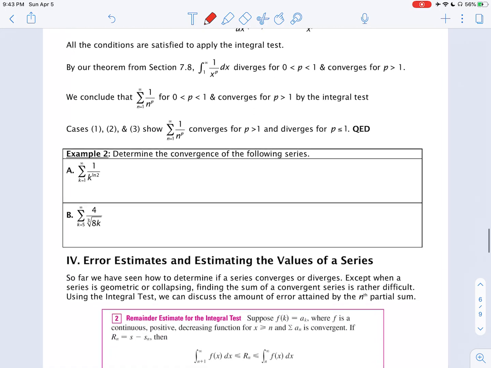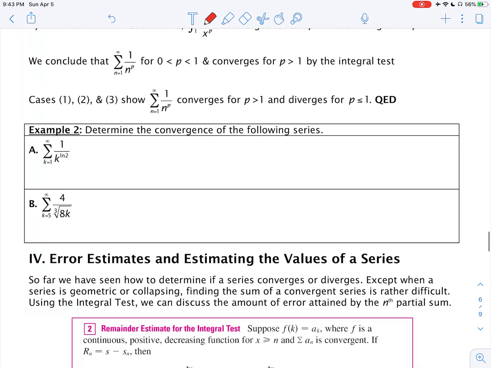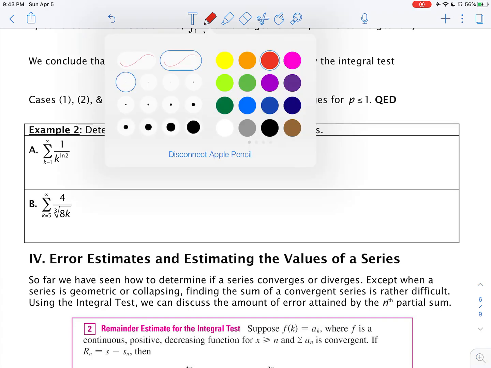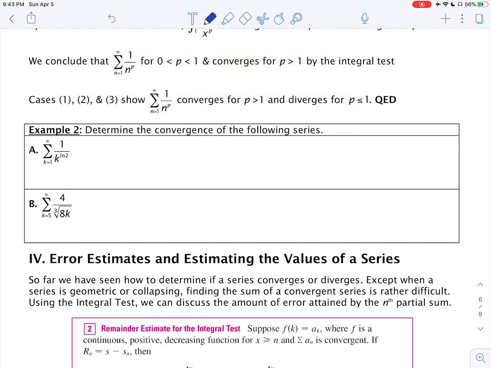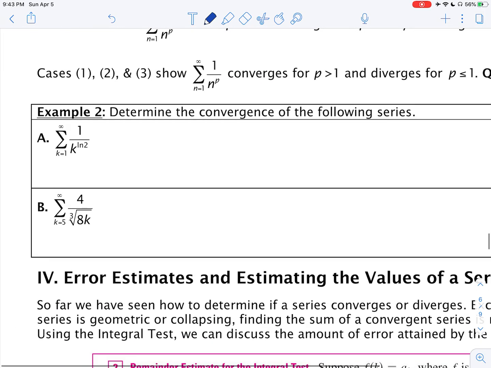So some of these are quite simple. Use it as an example of how to use the p-series test. Here, I recognize that k is the variable, and this is our number p. So p here is equal to ln of 2, and if you calculate that using a calculator, that's roughly equal to 0.693, and 0.693 is less than 1.